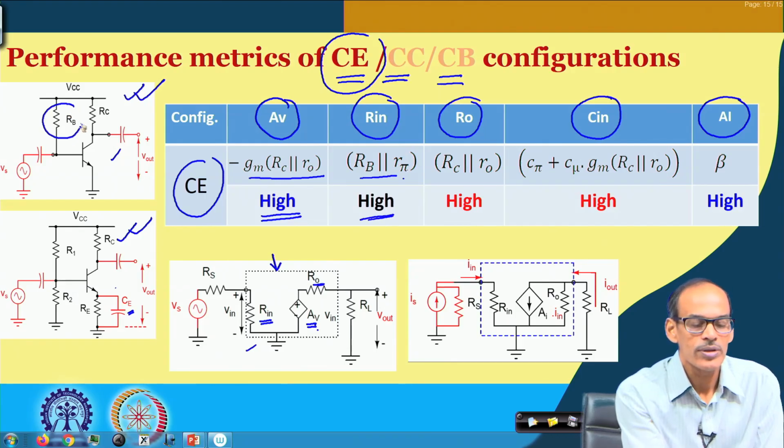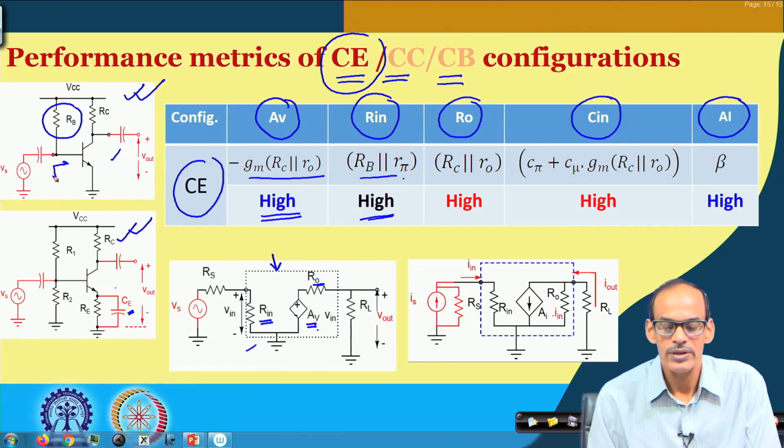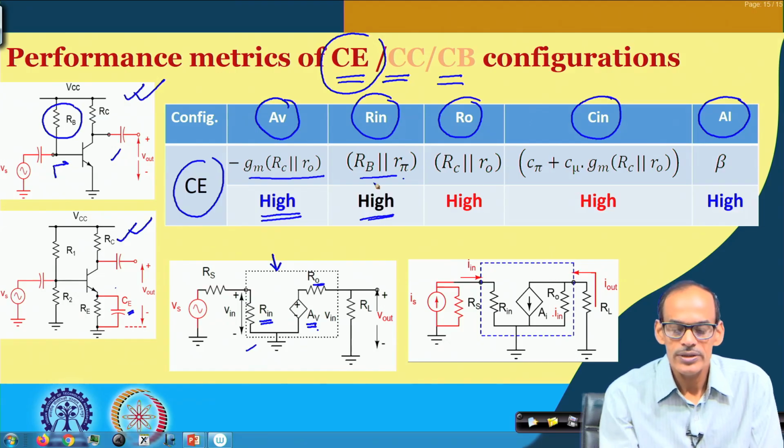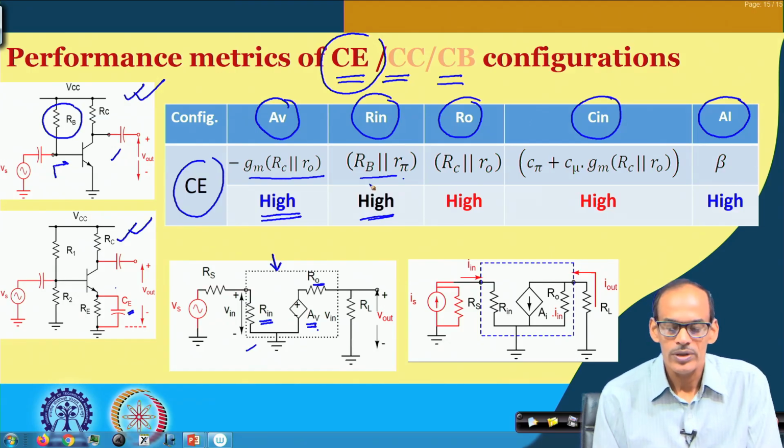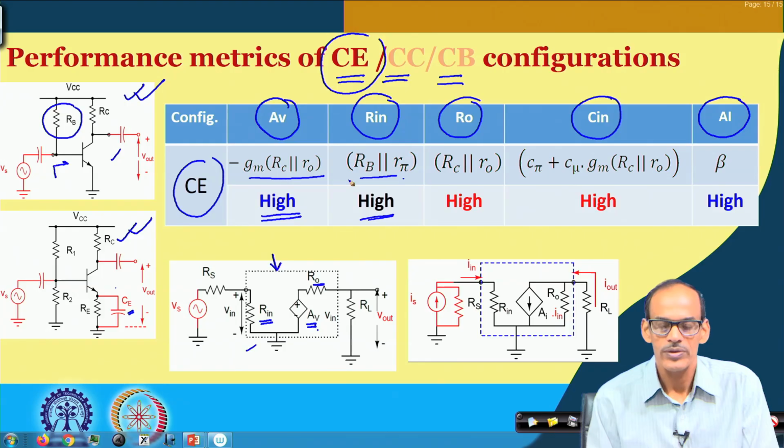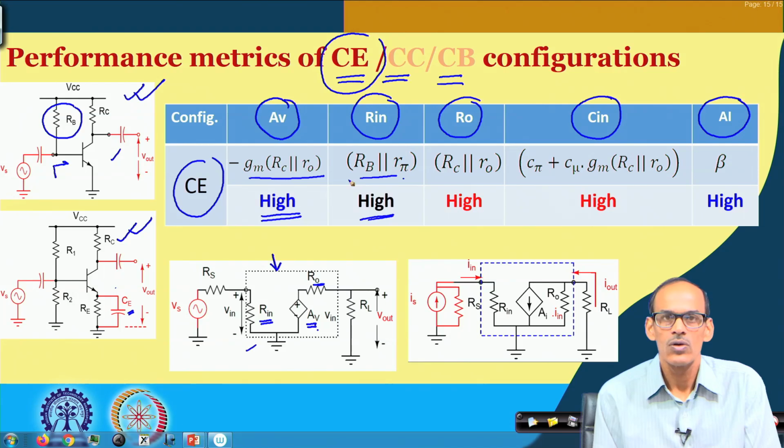RB comes from the bias circuit, and R pi comes from the transistor, and we may say that it is, quote and unquote, high. Qualitatively we can say high, but just to get a feel, when you say high, in this context its value will be somewhere in kilo ohms, maybe 10, maximum maybe some tens of kilo ohms.